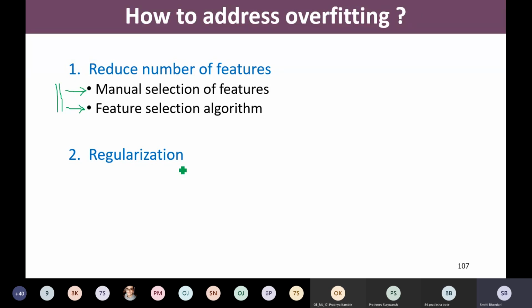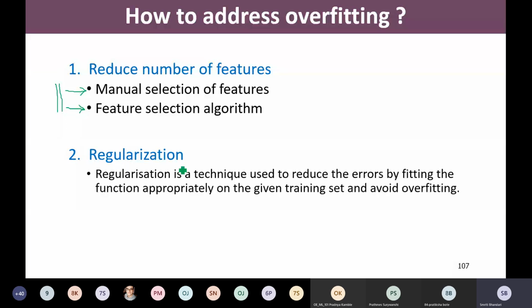In regularization, we do not eliminate any of the features. Instead, we keep all the features as they are. Regularization is a technique that is used to reduce the errors by fitting the function appropriately on the given training set and avoid overfitting.